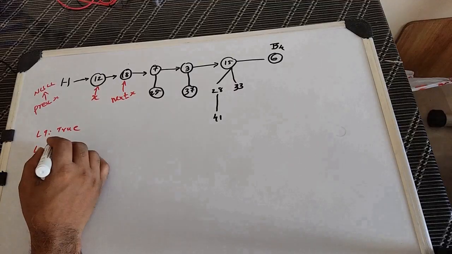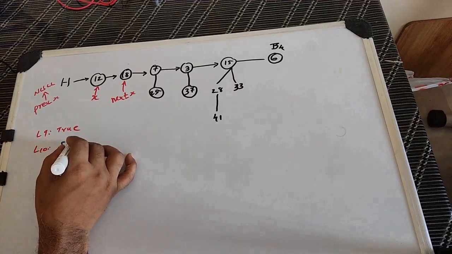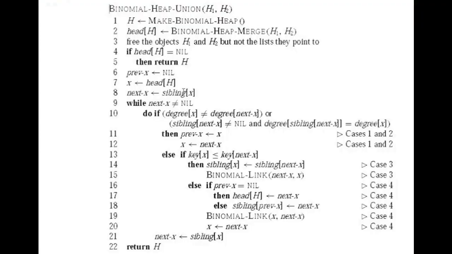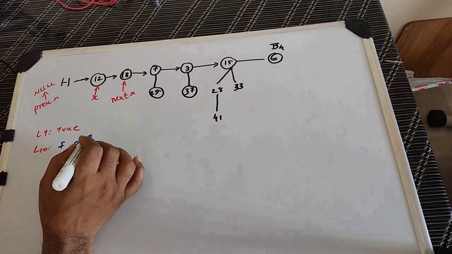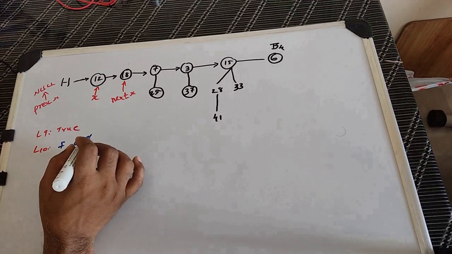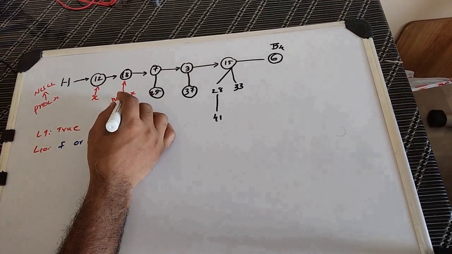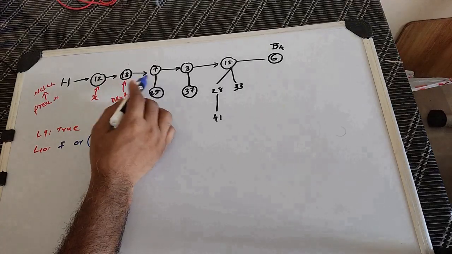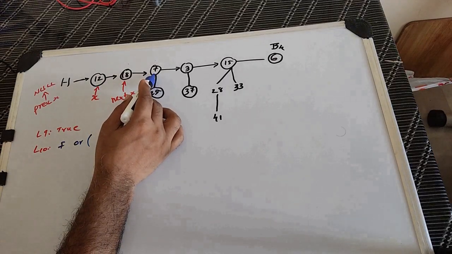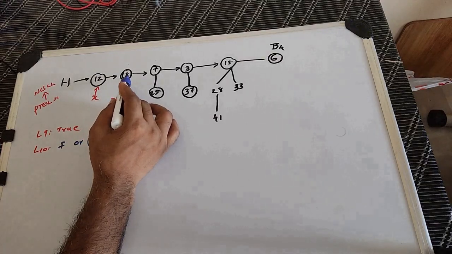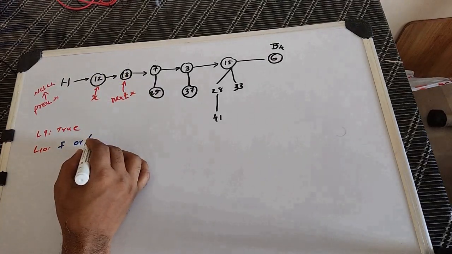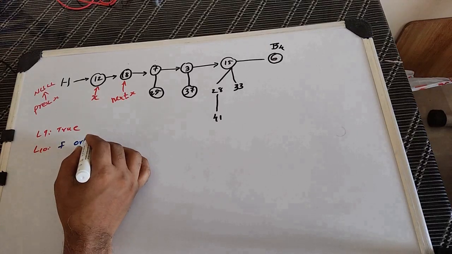So line number 10 is false, or then two conditions there. Sibling of next x is not equal to null. Next x is not the end of the binomial heap. There is one node after this next x. So sibling is not null.